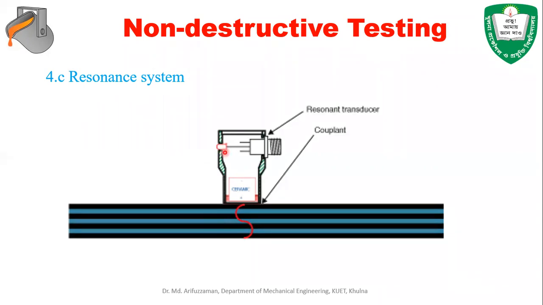These transducers, that means sound wave producing devices, are placed all around the surface, and then you apply the sound wave, and you will be able to detect the changes and visualize it in the computer.